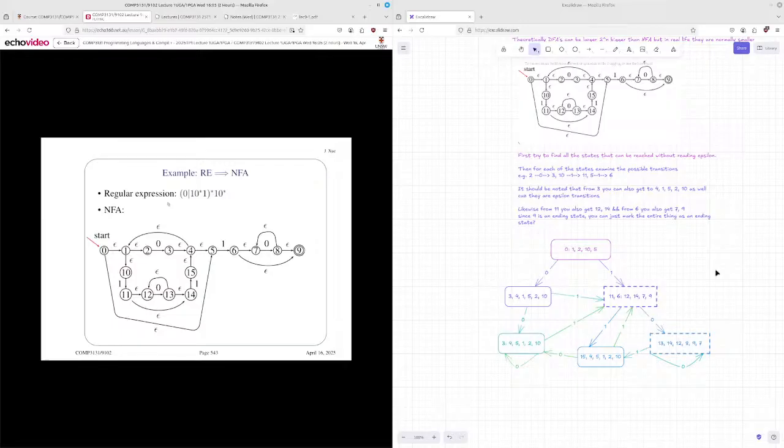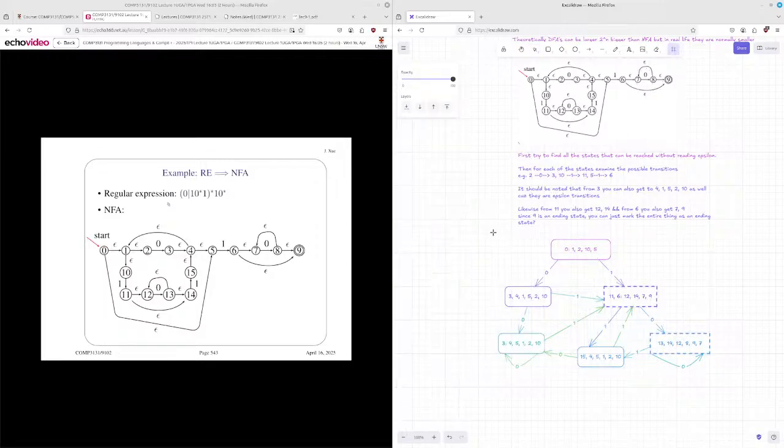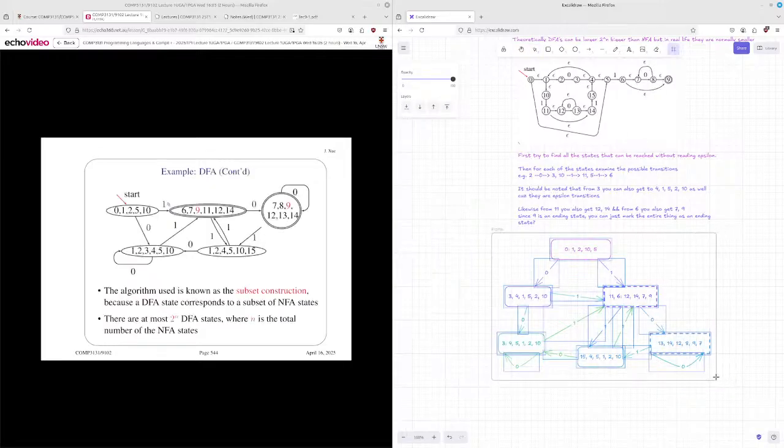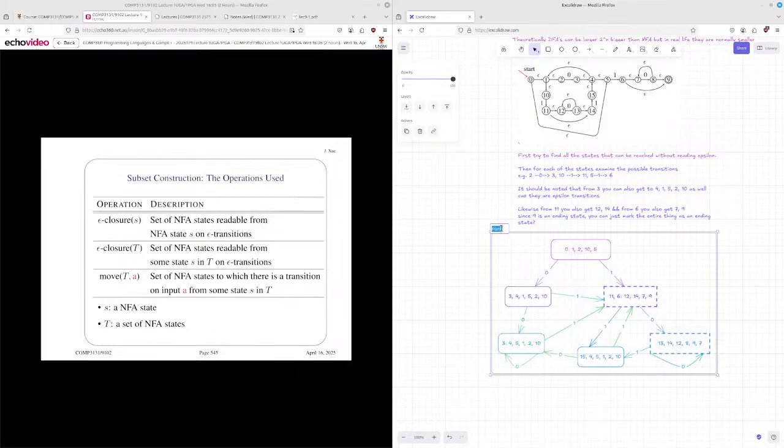Okay. So if we start with this FA, we can apply the subset construction algorithm. We can get an equivalent DFA. So this is the DFA. Now, as I said, I'm not going to spend time on this. Once you have followed this example, I would expect it takes you maybe 2 minutes to understand this.